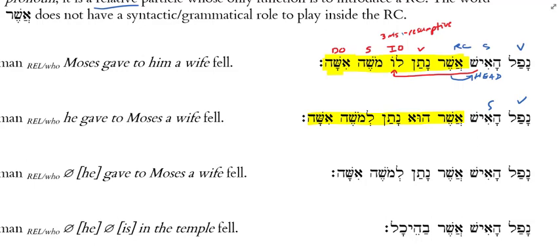Nathan. Good. So we'll use red for that. So that's the verb. Who's the subject of Nathan here? He, which is the word who, right? Good. What did the who, the he, give in the relative clause? A wife. Good. So there's my direct object.